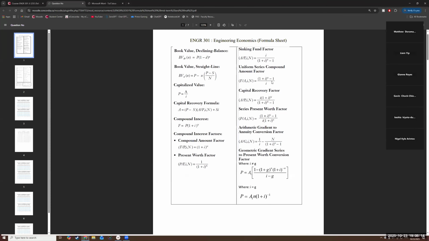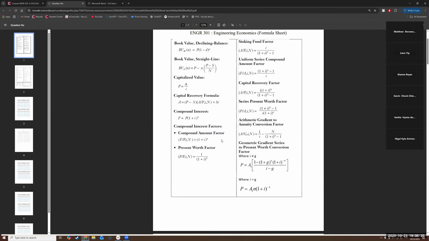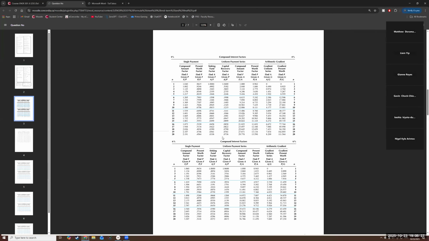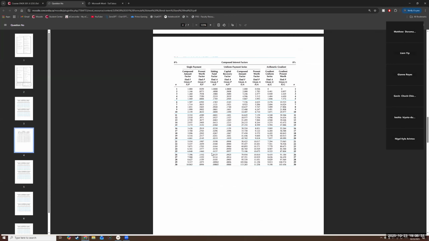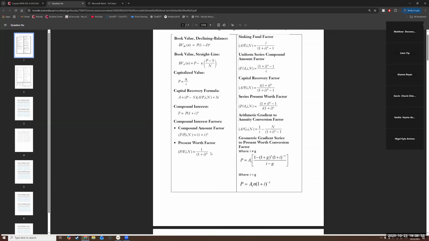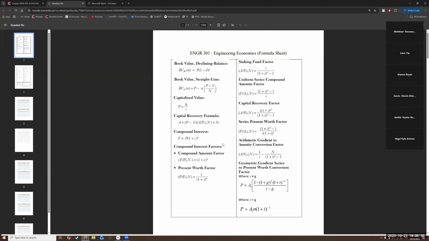You have all these formulas, which help you convert between values in different time frames. You have future worth, present worth, and annual worth. And then at the bottom, you have tables. I'll show you how to use both of these. But anyway, let's start with trying to use a formula here.